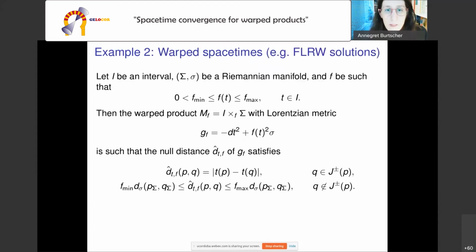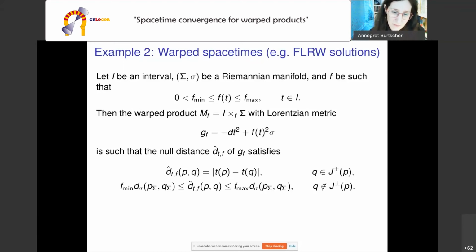And if you now move on to warp products, and we're a little bit more restricted with the warping function, so we said that it should in particular also be bounded from below and above. Well, you look at the Lorentzian metric with this warp product, then you can show that the null distance, again, if the 2 points are causally related, it's again just difference in their time.